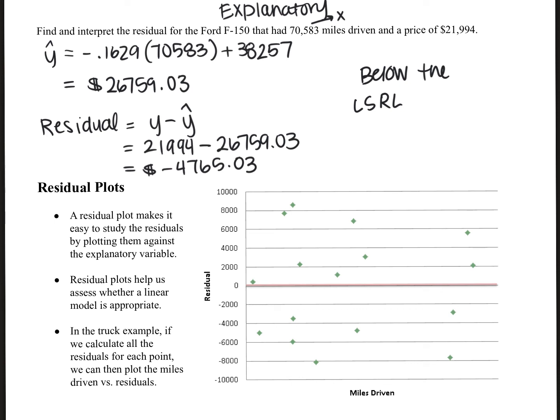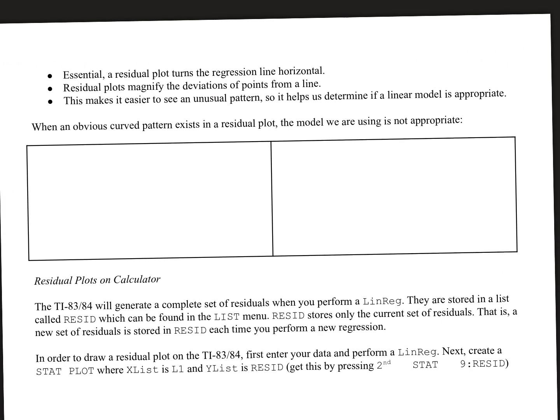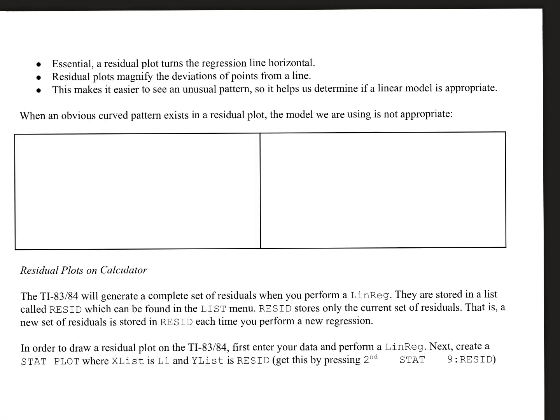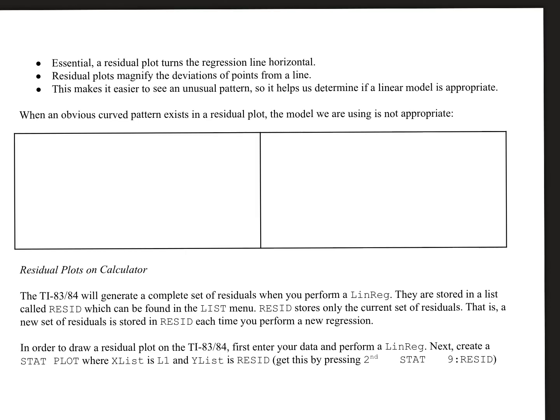And it makes it easier to see an unusual pattern, so it helps to determine if a linear model is an appropriate one. So when an obvious curved pattern exists in a residual plot, the model we are using is not appropriate. So basically, when you graph residuals, you want the points to fall in random places. And if they didn't, that would be bad.